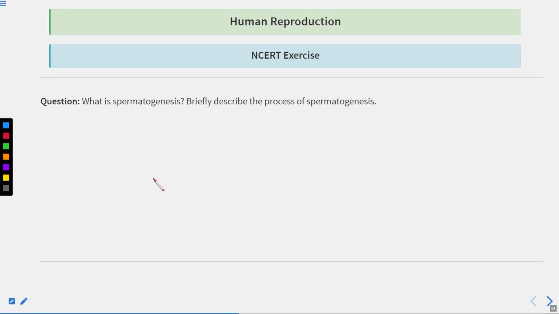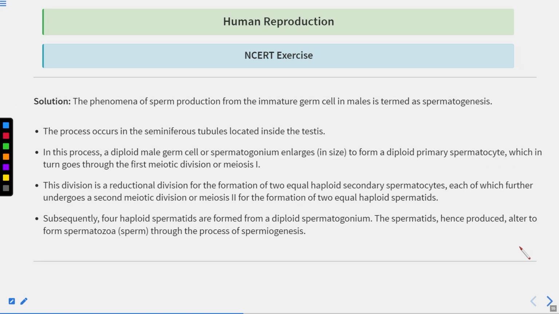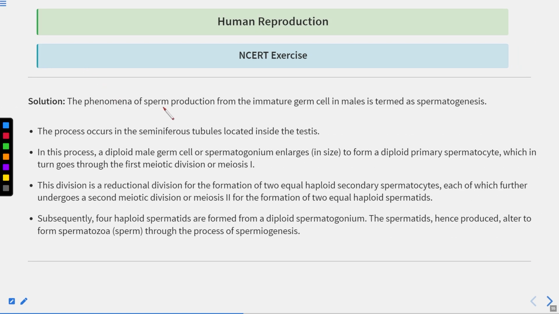Now the next question: what is spermatogenesis, and briefly describe the process of spermatogenesis. We have already discussed this. The phenomenon of sperm production from the immature germ cell in males is termed spermatogenesis. This process occurs in the seminiferous tubules. In this process, a diploid male germ cell known as the spermatogonium enlarges in size to form the diploid primary spermatocytes through mitotic differentiation.